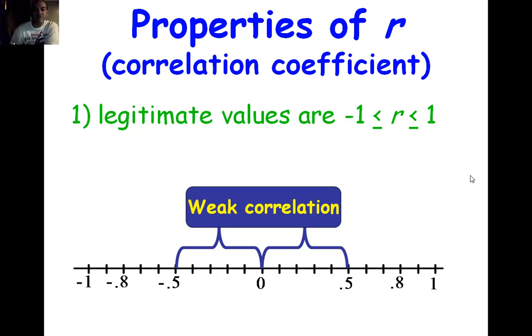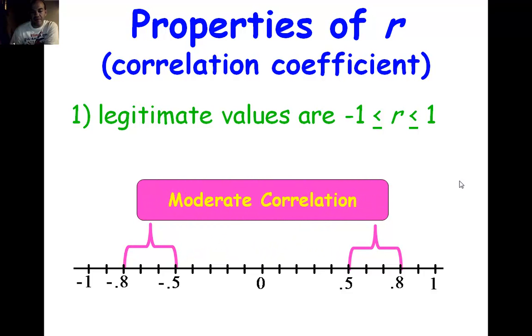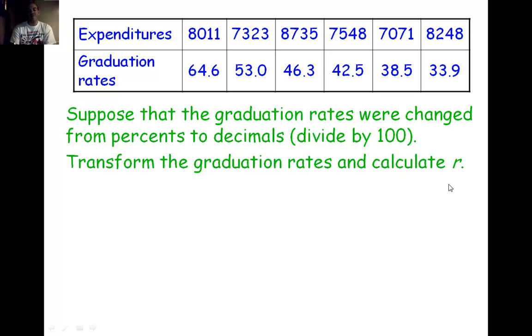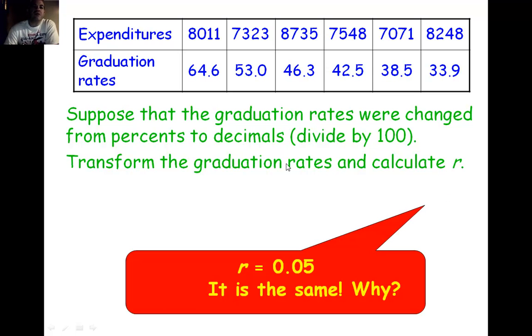If your value for R ranges between -0.5 and 0.5, this would be a weak to moderate correlation. 0.5 to 0.8 would be moderate correlation, and between 0.8 and 1, either negative or positive, would be strong correlations. So if we went back and looked at that 0.05, that would be a weak relationship.